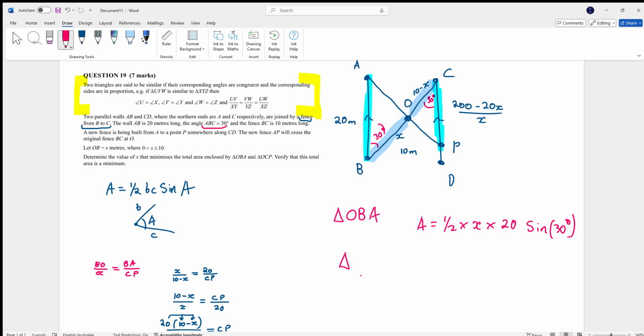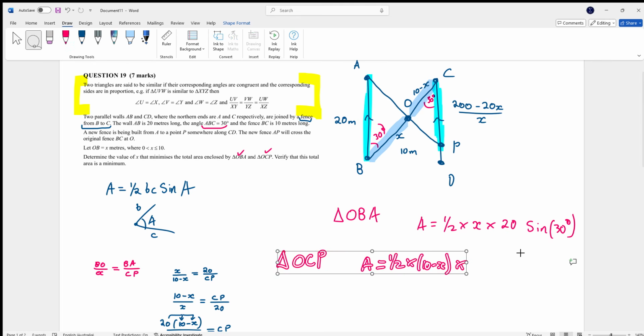Triangle, what did they say? OCP. So I'm just trying to label it how they've labeled it here. Area of that one is a half times 10 minus x times that thing we just worked out, which I'm going to run out of room for.